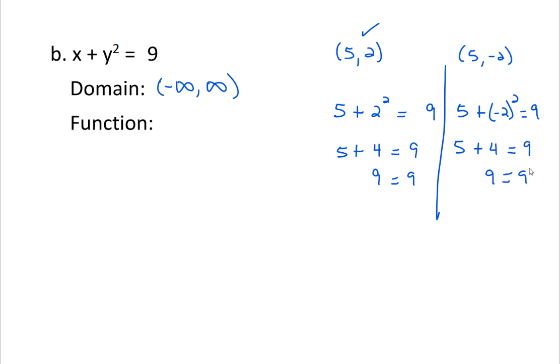So this is also a solution to this equation, because 2 squared is 4 and negative 2 squared is also 4. So basically, if my y value is squared, it's not going to be a function. So this is not a function. Or I can just say no, it's not a function.